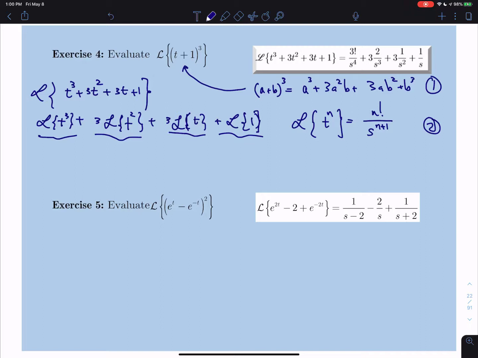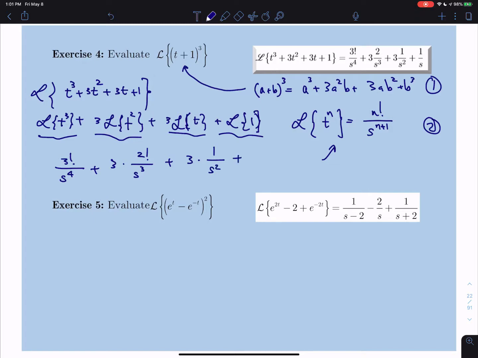So here I can then simply find the Laplace transform of t cubed using this formula. That will just be 3 factorial divided by s to the power of 3 plus 1, which is s to the power of 4, plus 3 times the Laplace transform of t squared, which will be 2 factorial divided by s to the power of 2 plus 1, which is 3, plus 3 times the Laplace transform of t, which is t to the power of 1, so it will be 1 factorial, which is just 1, divided by s to the power of 1 plus 1, which is s squared.